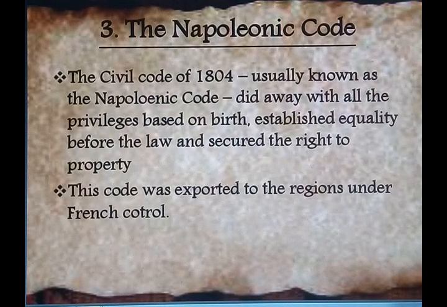Private property was not a thing during that time. No one could claim that property was his or hers. It all belonged to the state. But he introduced the right to property. Now, after introducing these changes in France, he exported these reforms to the regions under French control.